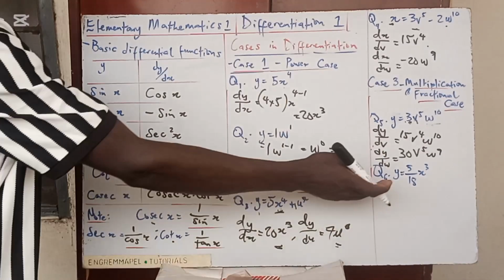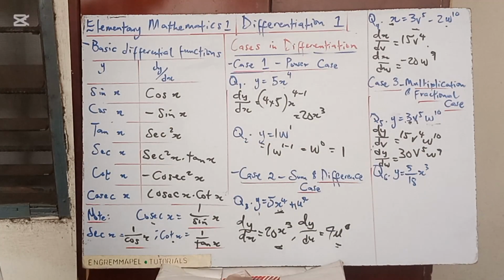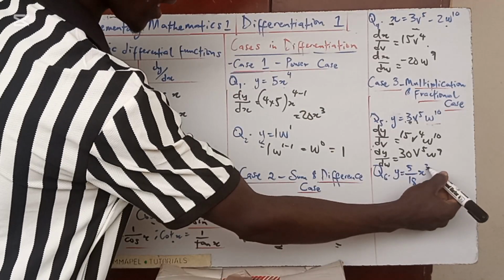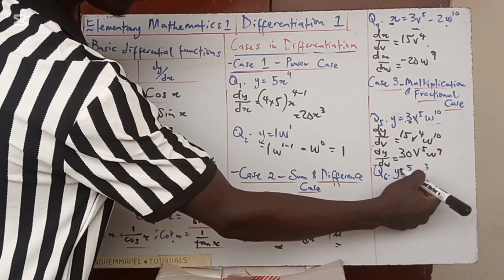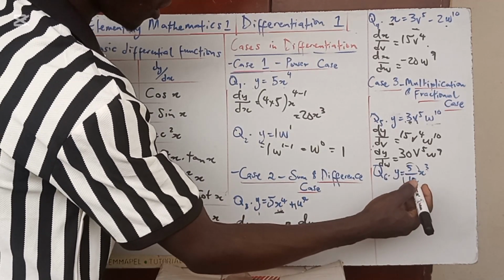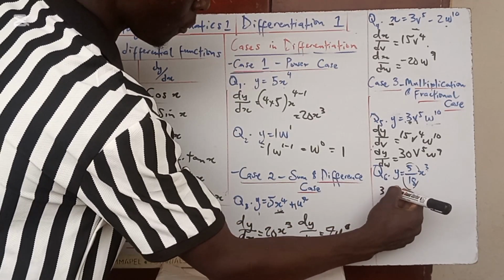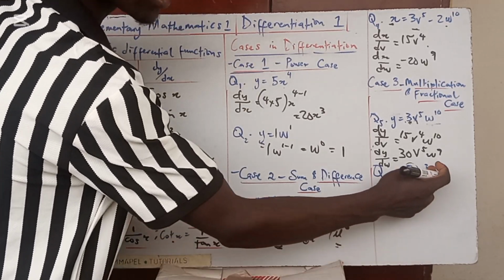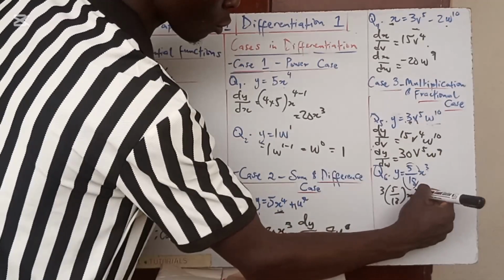So for this, we have fractional case here. It's also the same thing. So it's almost the same thing with this. So you just have to multiply the power by the coefficient. This is the coefficient here now, 5 over 18. There's nothing special there. So you just have to say 3 into brackets 5 over 18, then x raised to power 3 minus 1, the power of minus 1.